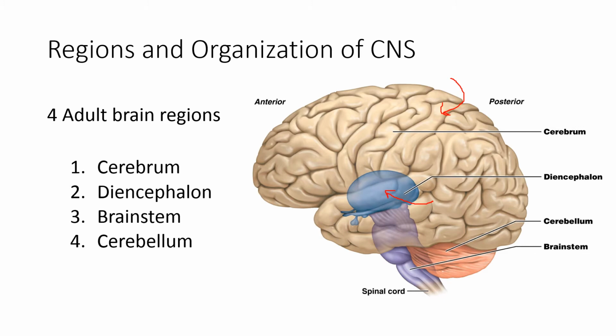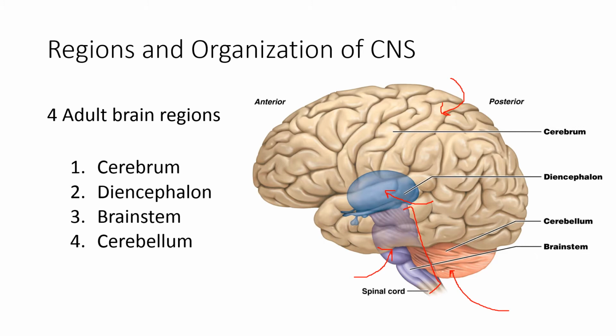It's just that these diencephalons are not quite as long, so maybe that'll help you remember it. And then you have the diencephalon sitting on top of a pedestal. This purple structure is called the brainstem. And then this last structure here, this is called the cerebellum, or the little brain.